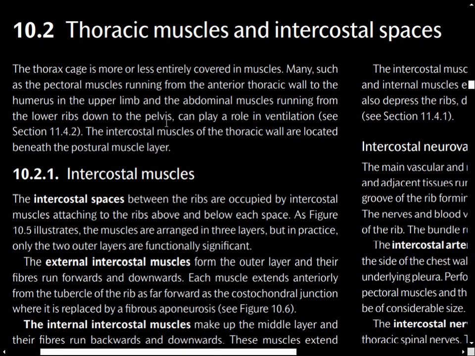Intercostal muscles. The intercostal spaces between the ribs are occupied by intercostal muscles attaching to the ribs above and below each space. The muscles are arranged in three layers, but in practice only the two outer layers are functionally significant.